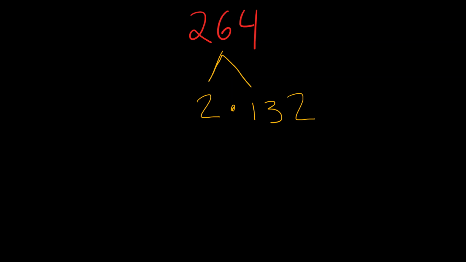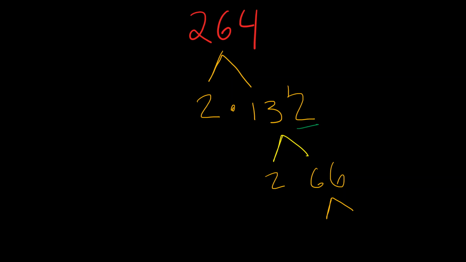It ends in a 2, so I know it's going to be divisible by at least 2. If I break that down by 2, 2 goes into 13 6 times with 1 left over. 2 goes into 12 6 times. So I have 66 times 2 gives me 132.